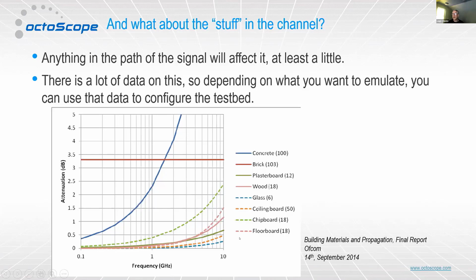And there is, again, a lot of information. People do measurements of these things all the time. And it's incredibly useful if you want to be able to put together an actual wireless link budget. So I have a reference here for some Ofcom measurements that were done. But again, there's many, many more pieces of information out there around these kinds of things.